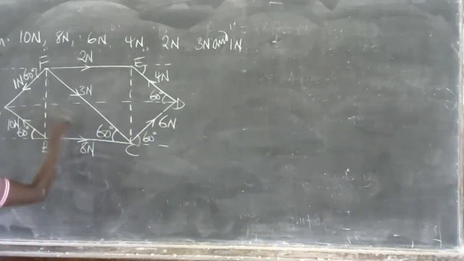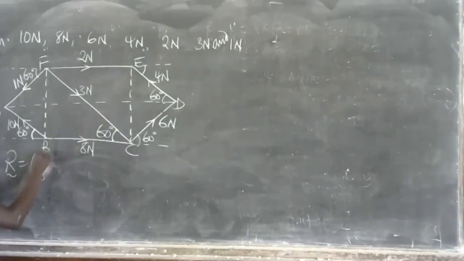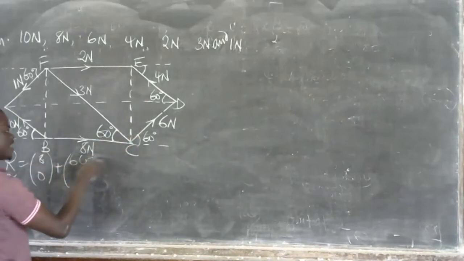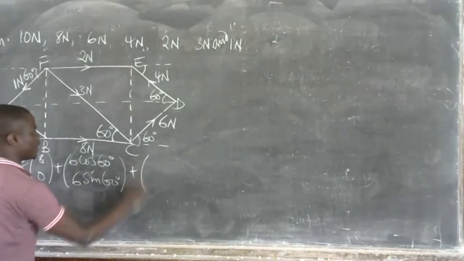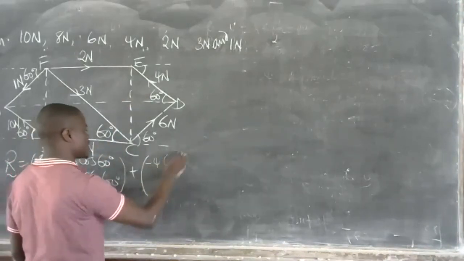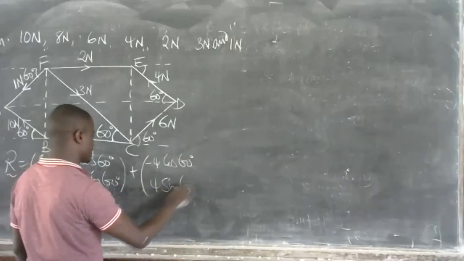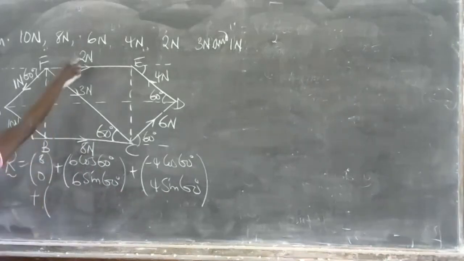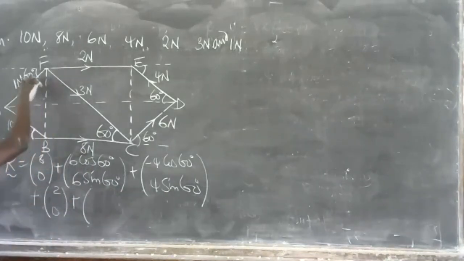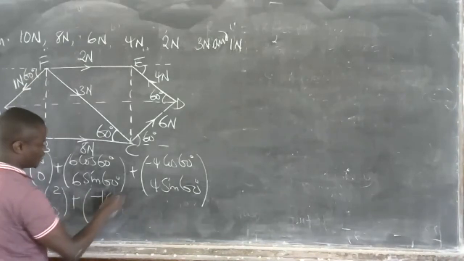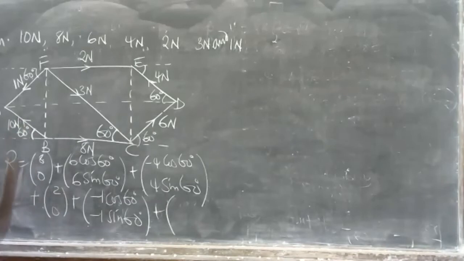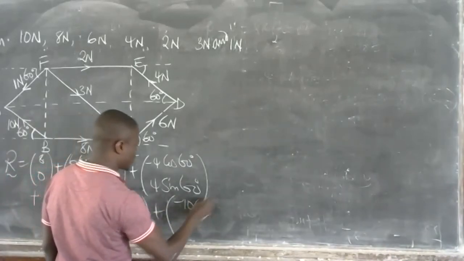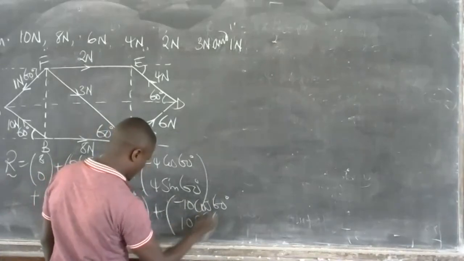So that means you can resolve. You get the resultant quickly, that is 8, plus 6 cos 60 degrees, 6 sin 60 degrees, plus, this is -4 cos 60, positive 4 sin 60, then plus this is 2, plus you resolve this, -1 cos 60 degrees, -1 sin 60 degrees, plus move to this, -10 cos 60 degrees, +10 sin 60 degrees.